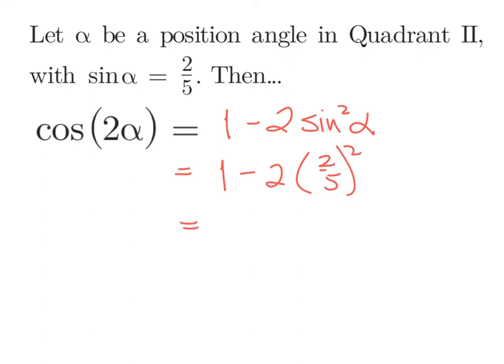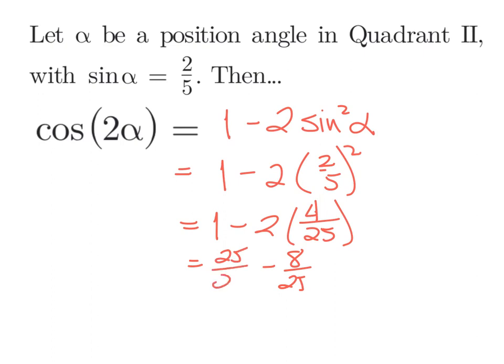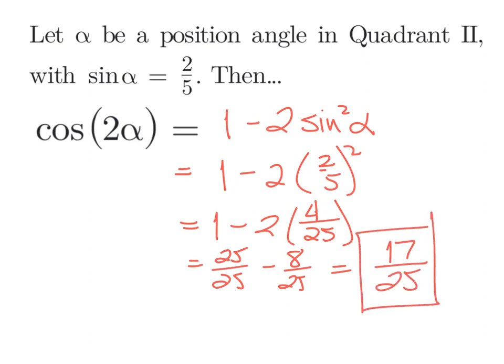Then when we evaluate, 2/5 squared is 4 25ths. Double that means we'll be subtracting 8 25ths, and we'll need common denominators, so 1 is 25 25ths, and 25 minus 8 is 17 25ths. And there's our solution.